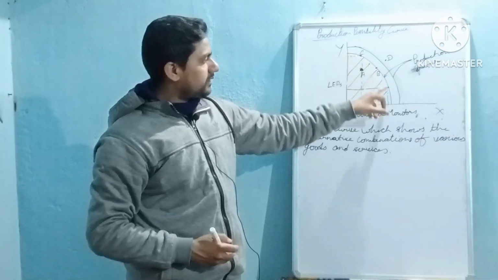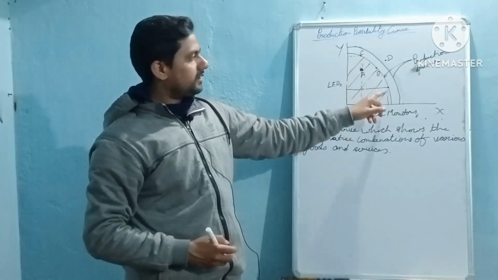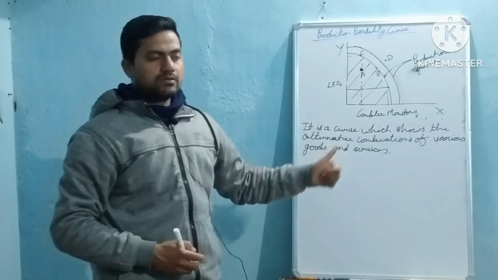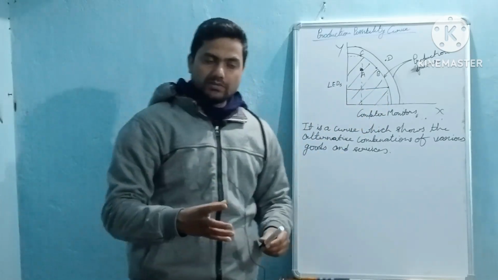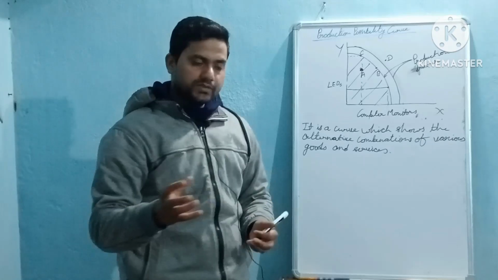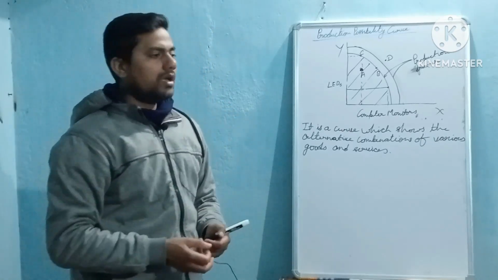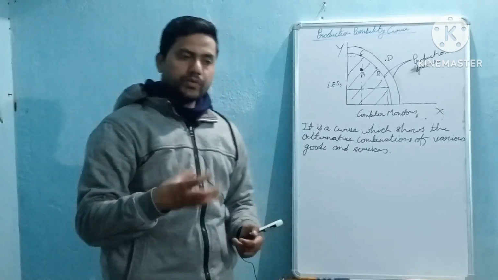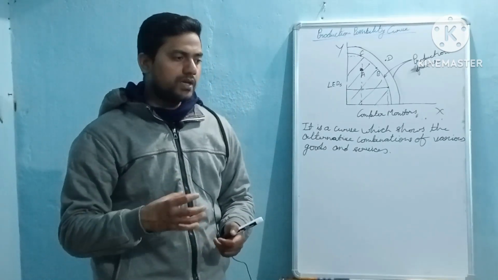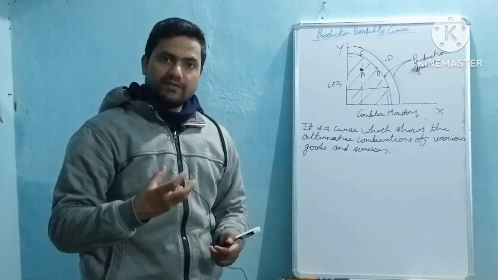And when we are at this curve, whatever alternative combination we use for producing different kinds of goods, we are producing by using resources efficiently.